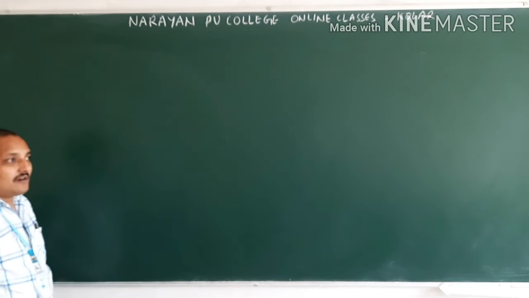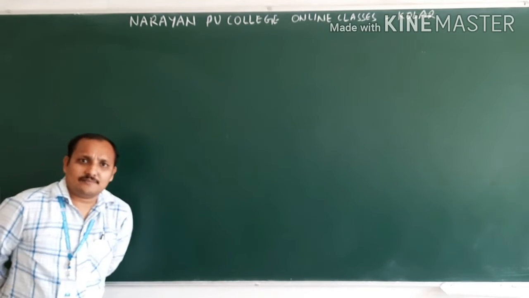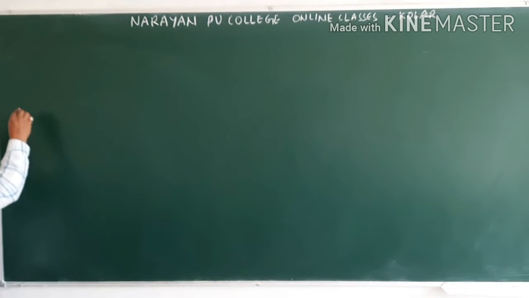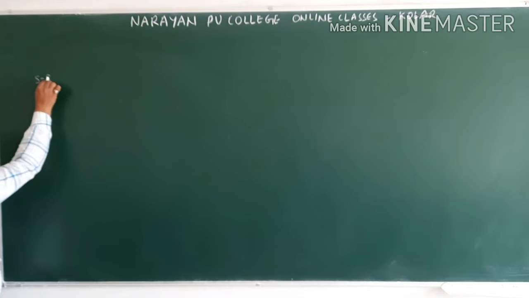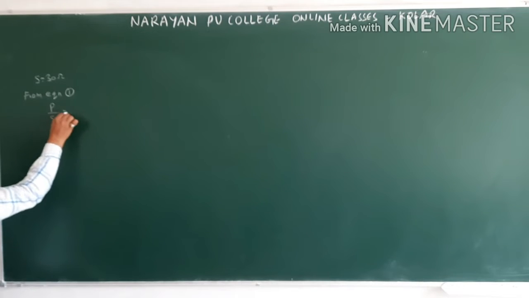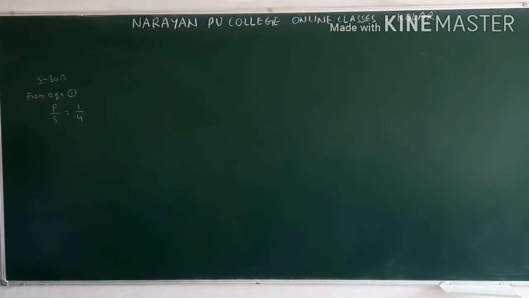The previous video got stuck at 33 minutes because of some technical problem. Now I am going to solve the remaining part. So we got S is equal to 30 ohms in that problem. Now we have to find resistance P. So from equation number 1, P by S is equal to 1 by 4.